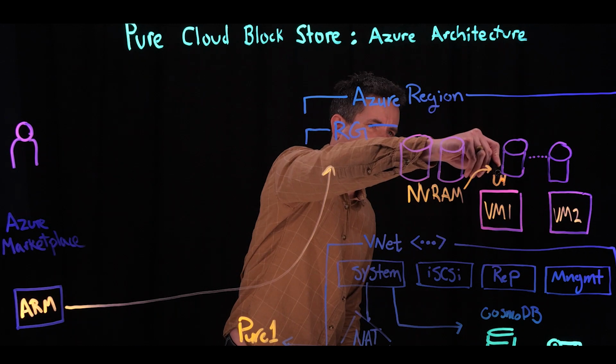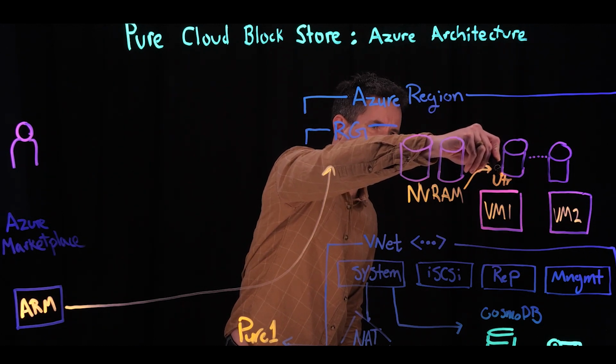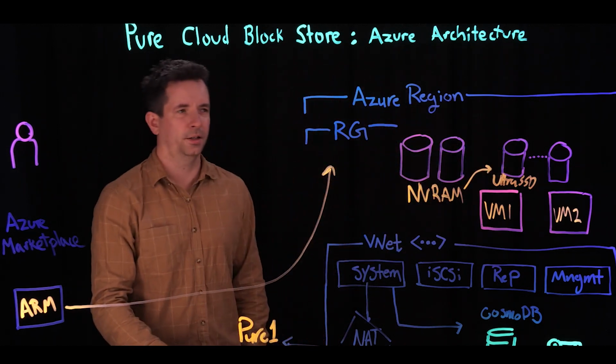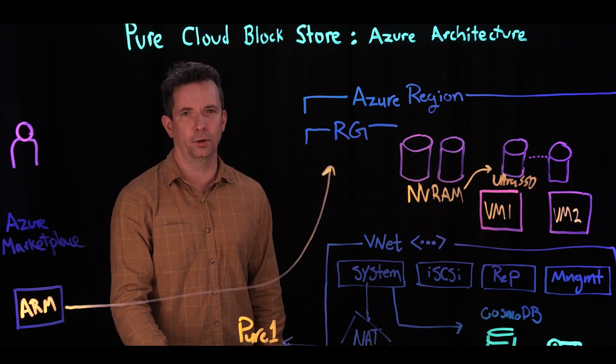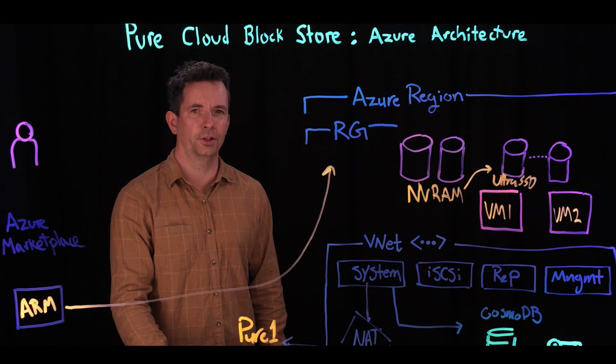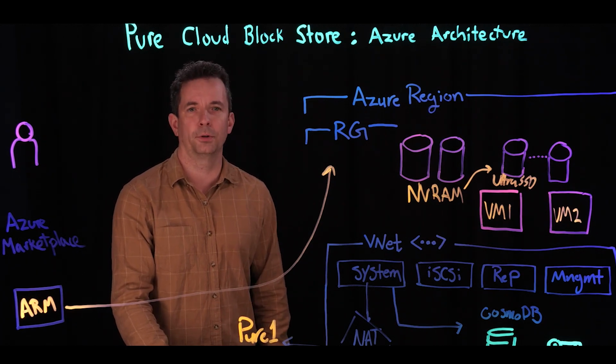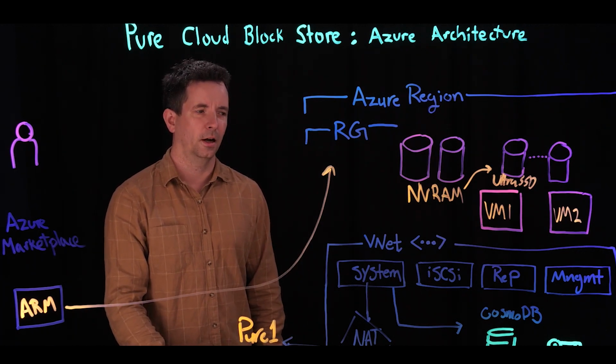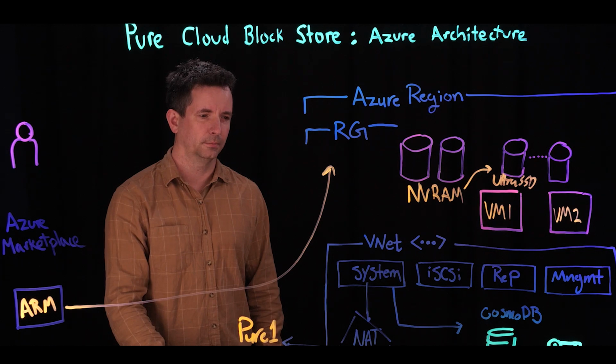There are 14 in all, which serve as our persistence layer. Those 14 Ultra SSDs have multiple capacity points. We start with a certain provisioned amount, but over time, as the Cloud Block Store array fills up, you're able to non-disruptively increase that Ultra SSD size and get bigger as necessary.